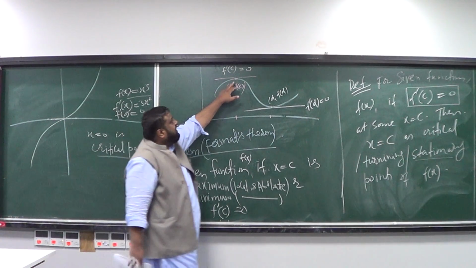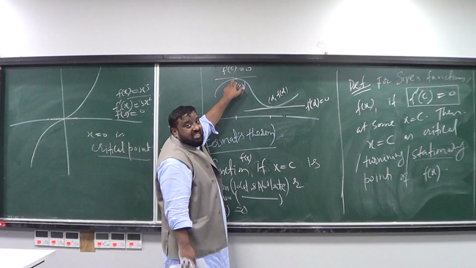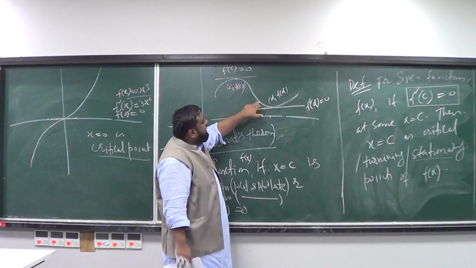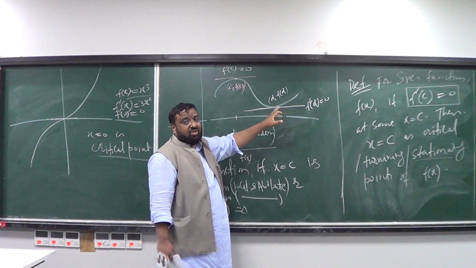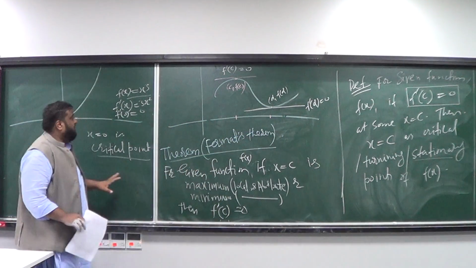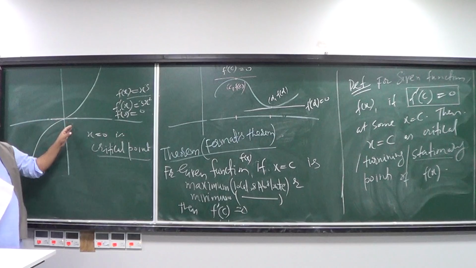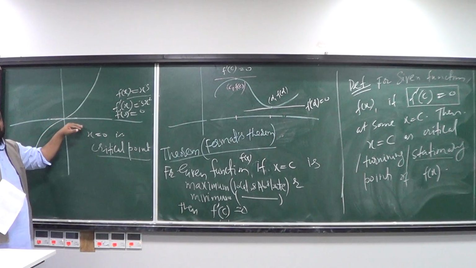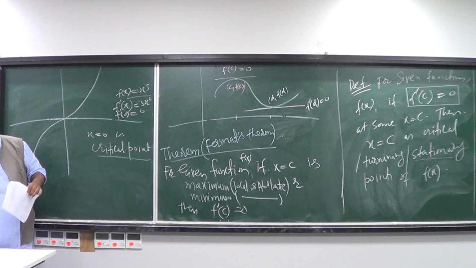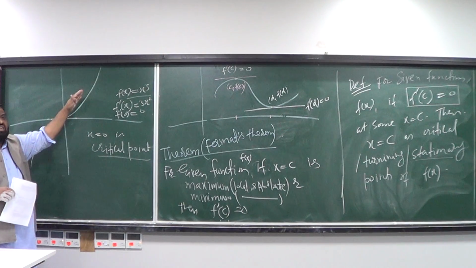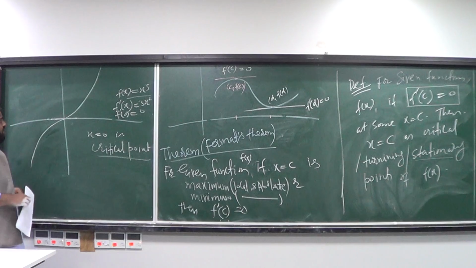It's not like before that it was increasing and after that it was decreasing, or before that it was decreasing and after that it is increasing. So it is not like that. This point is a critical point, you can call it, but it is neither a maximum nor a minimum, because the function is not changing its behavior before and after that point.